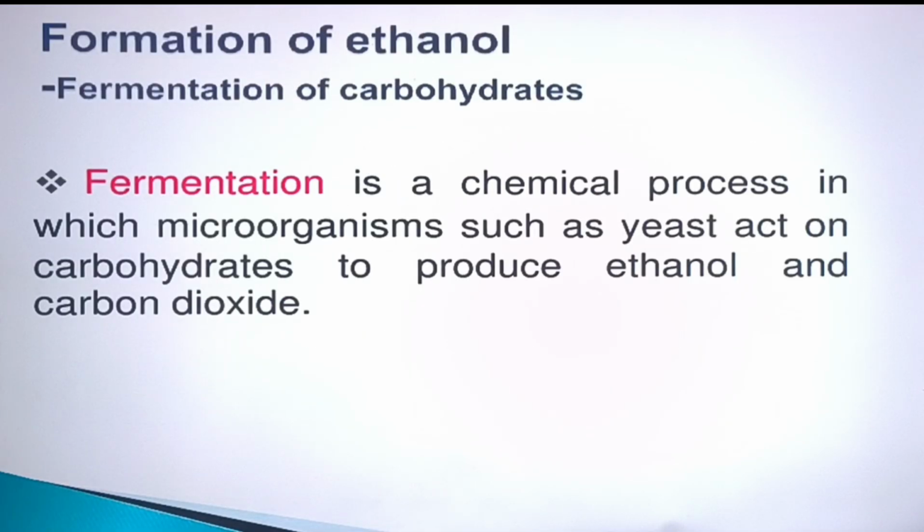The second method of formation of ethanol is fermentation. Fermentation is a chemical process in which microorganisms like yeast react with carbohydrates to produce alcohol and carbon dioxide. Bubbles of carbon dioxide are seen, which can be tested with lime water. Lime water turns milky in presence of carbon dioxide.